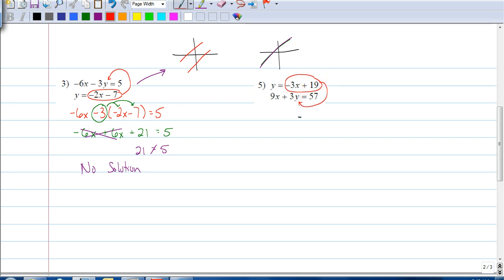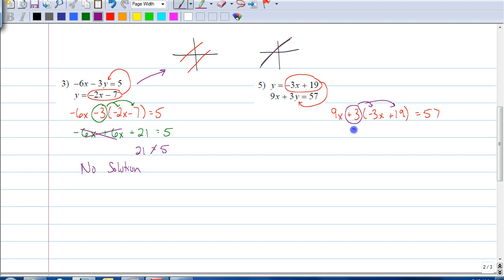So now I know y is the same as negative 3x plus 19. So if I replace y with negative 3x plus 19, I'd get 9x plus 3 times negative 3x plus 19 equals 57. Again, I'm going to distribute. This time it's a positive 3.